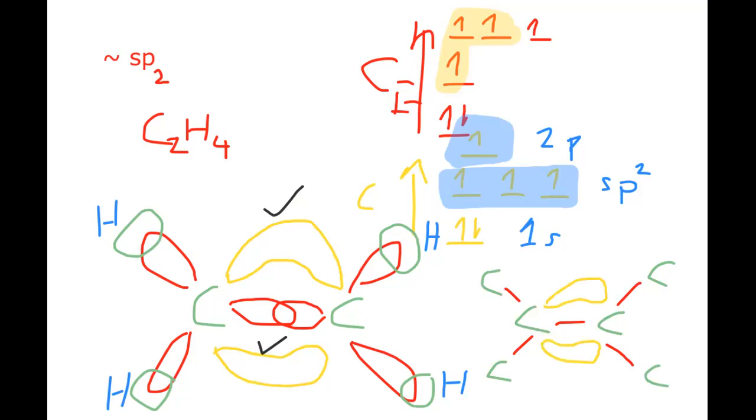So this was sp2 hybridization, and this is the simplified structure for C2H4, where the carbon has 3 sp2 hybrids and 1 2p orbital.